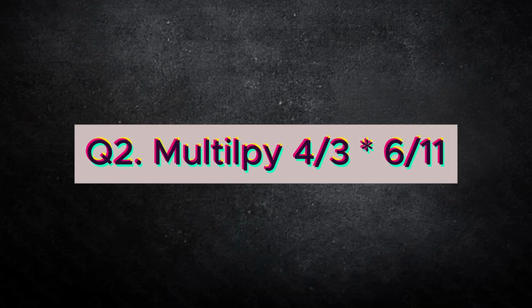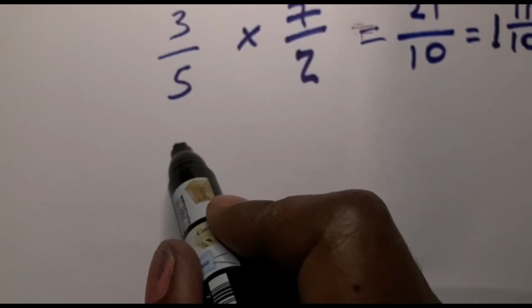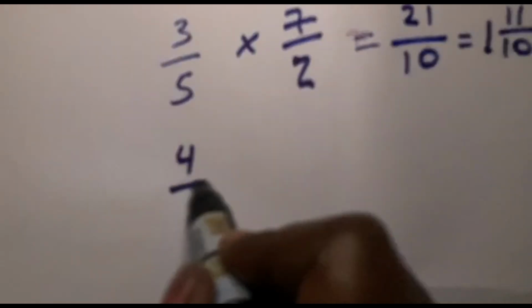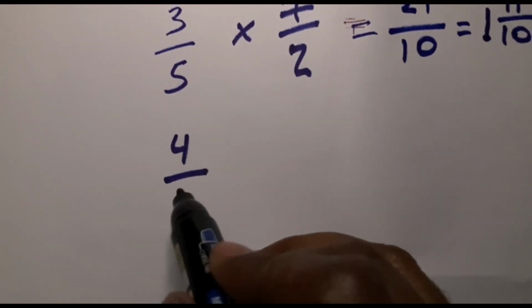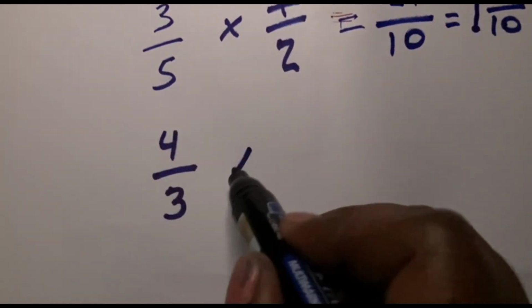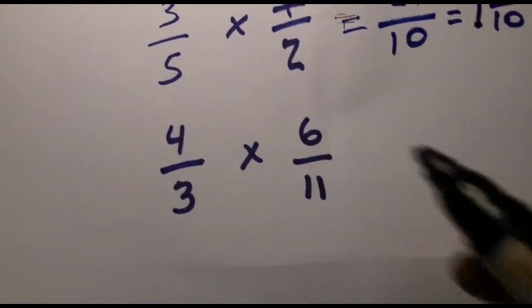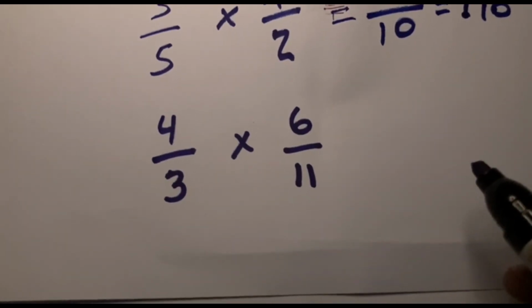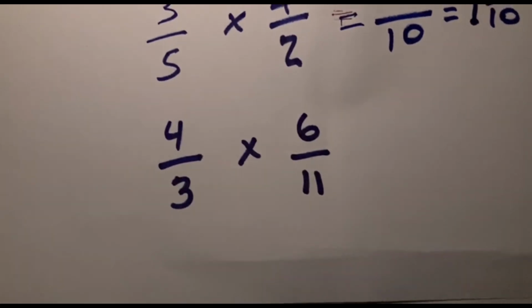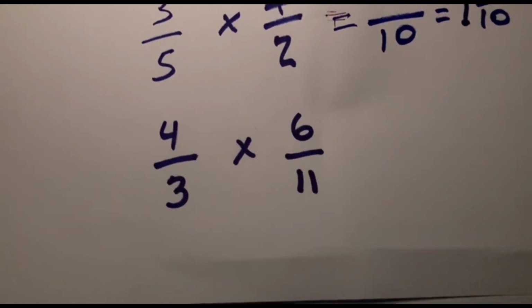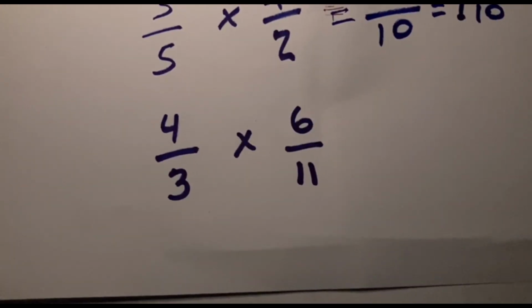Next, let's do 4 over 3 multiplied by 6 over 11. Is there anything with a common factor?